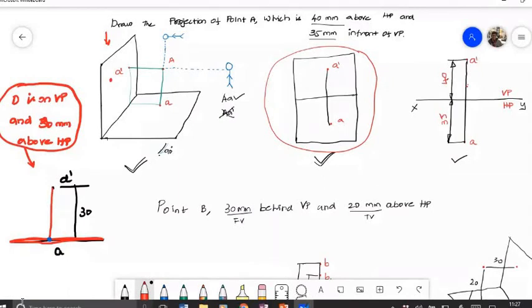Sir, we will have to mention where the horizontal plane is and where the vertical plane is. Yes, you mentioned that, because I thought you already know. So your vertical plane will be here and the horizontal plane will be here. Is it clear? Yes, sir. Even if you assume that the point is in the second quadrant, you will get the same answer. If you want, you can try that, okay?